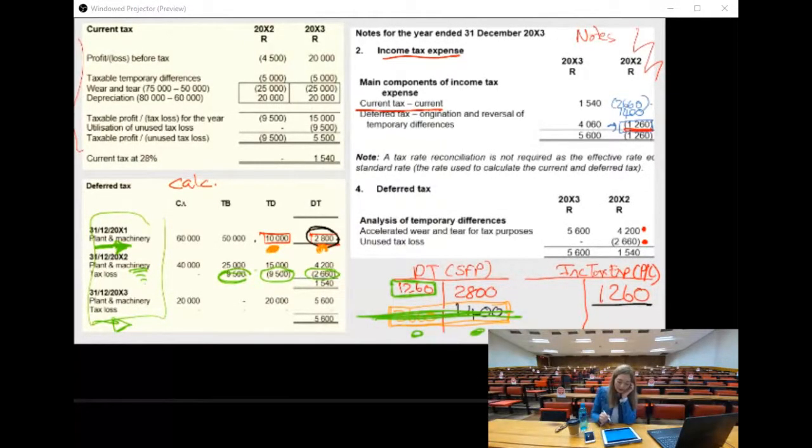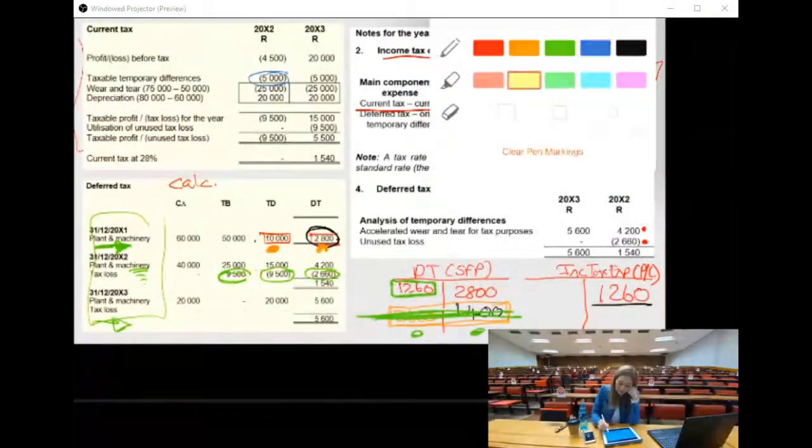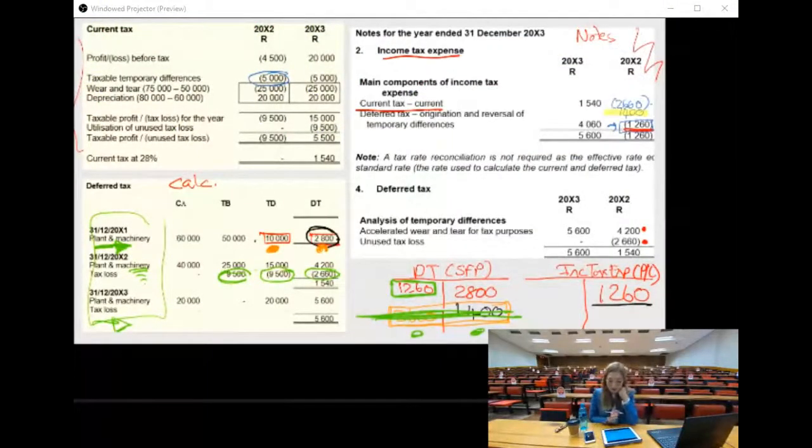So here's my decrease of 5,000 from my temporary differences in the 20x2. So that decreases my current tax for 20x2. But because it's temporary differences with deferred tax, we say, okay, but this is just because of timing, so therefore we don't want to show that benefit now, so we increase it again. And that's what we do with this 1,400 over there.